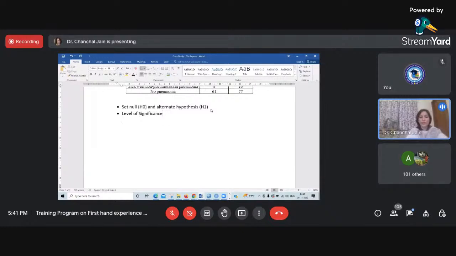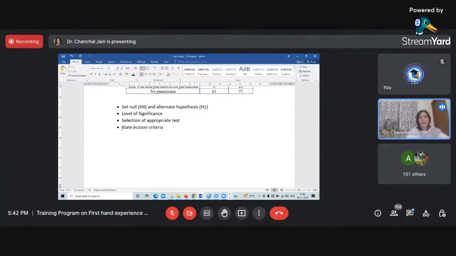Then we need to go for the selection of the appropriate test. Then we need to state the decision criteria.